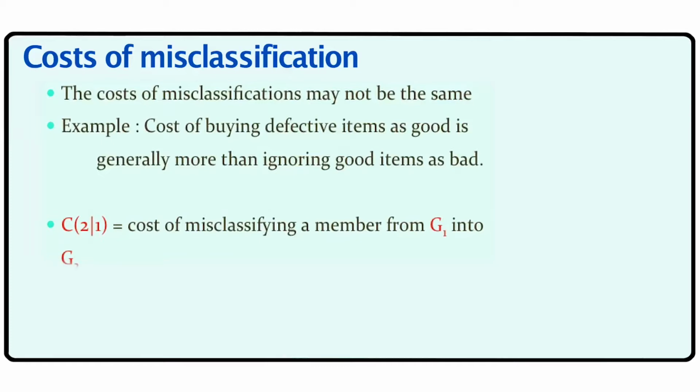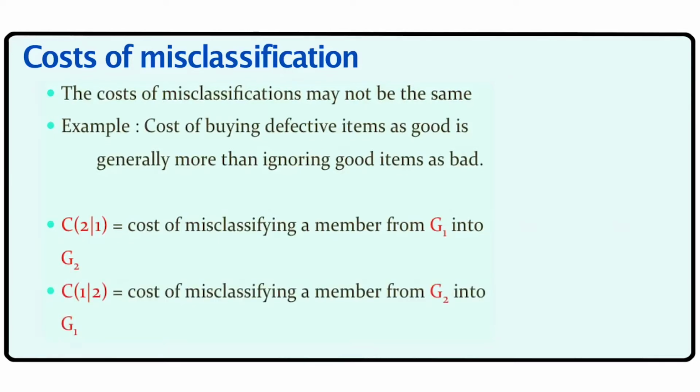So there has to be a cost associated with the two types of misclassifications. Now let C(2|1) be the cost of misclassifying a member from G1 into G2. So given that he comes from G1 and has been placed into G2, the cost of this is C(2|1), and similarly C(1|2) is the cost of misclassifying a member from G2 into G1.